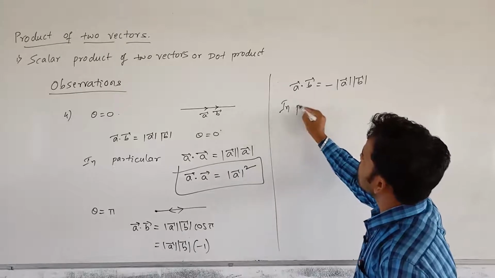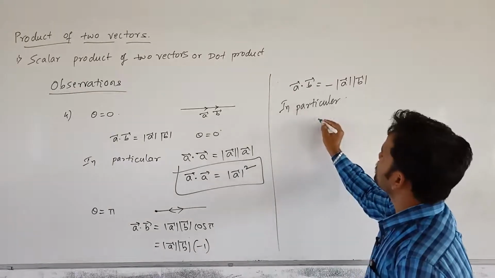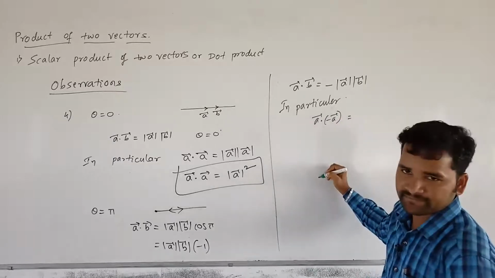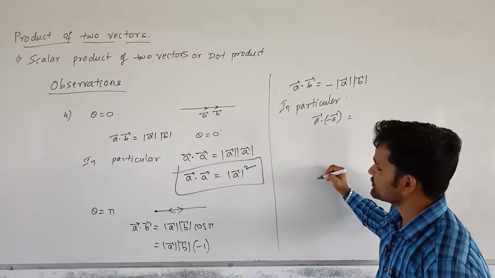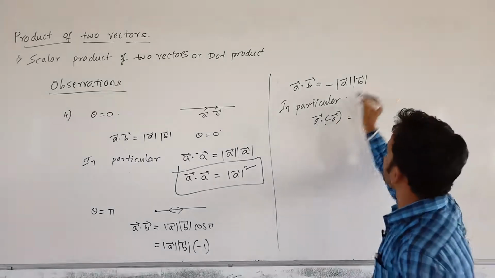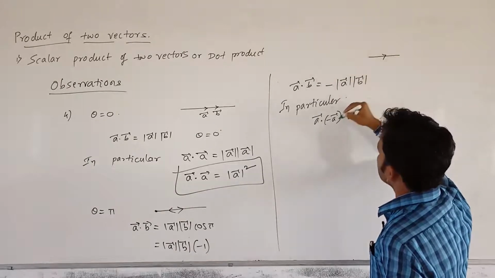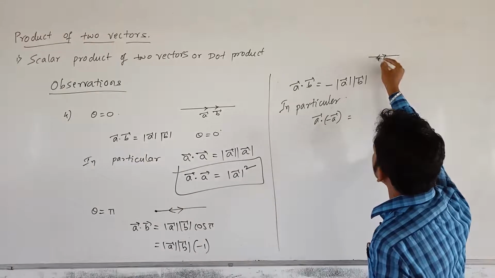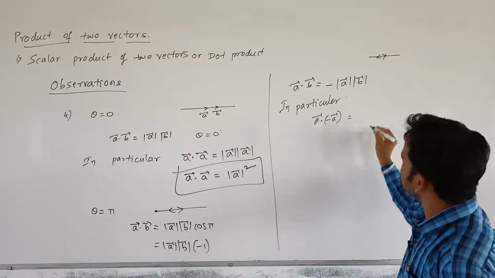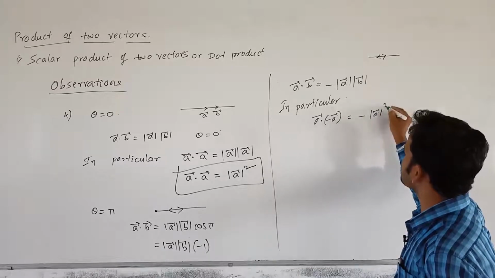In particular, I want to say one thing here. What is A dot minus of vector A? That means if A is from left to right, minus of vector A will be from right to left, the opposite direction. In that case, we should remember this is minus of magnitude of vector A square.